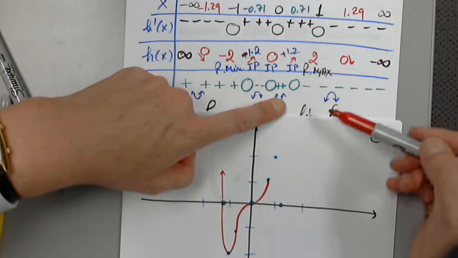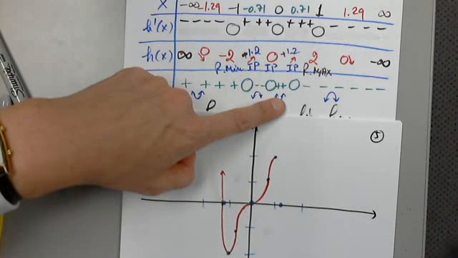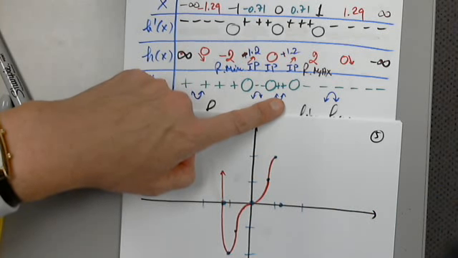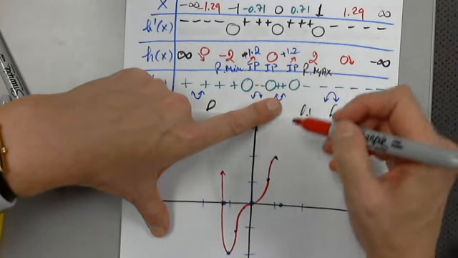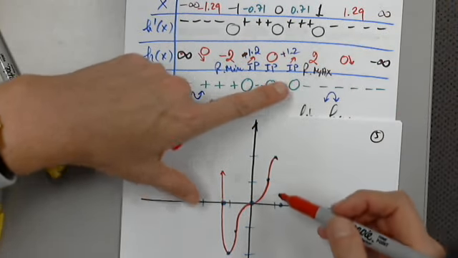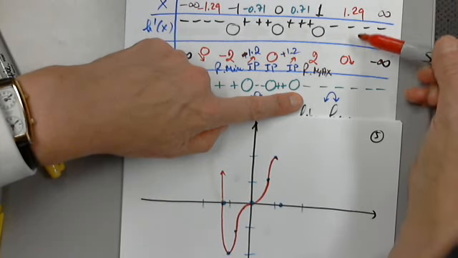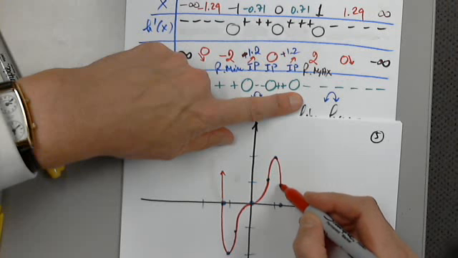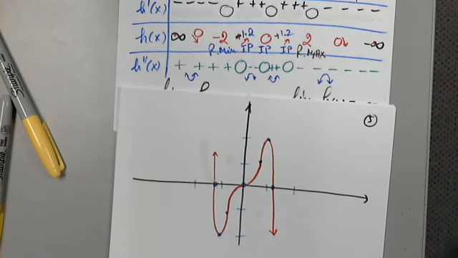This is an inflection point, but now it's opening downward to the local maximum. Then it crosses at 1 comma 2. And then it decreases, opening downward, crossing at 1.29. We cannot find this much information about the function with the graphing calculator.